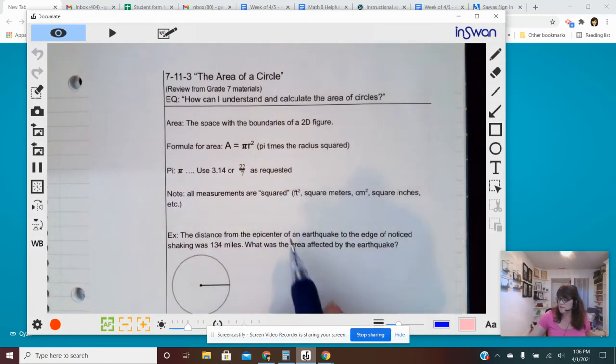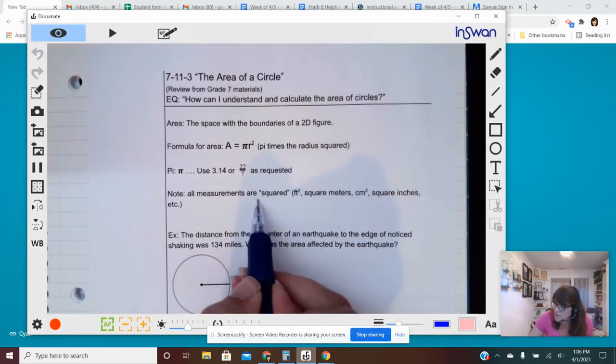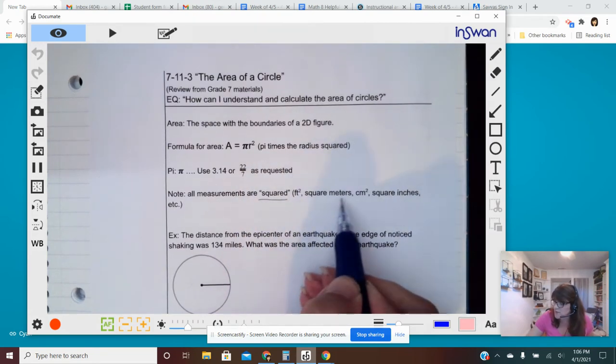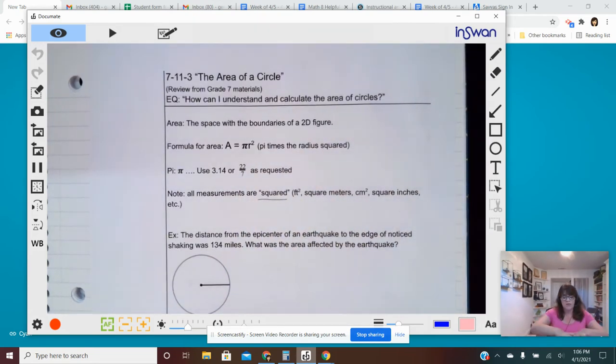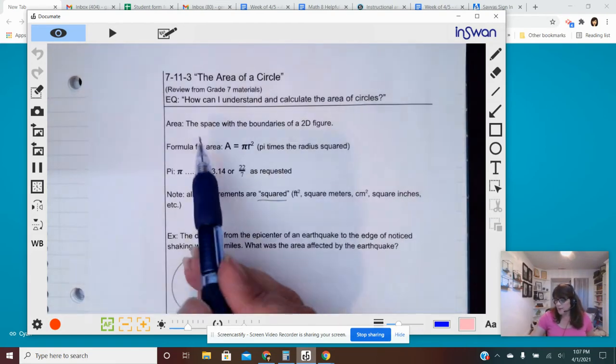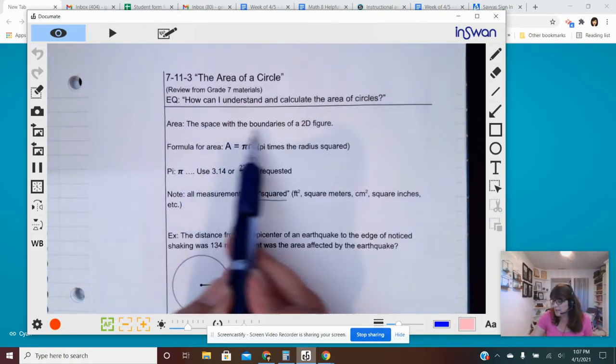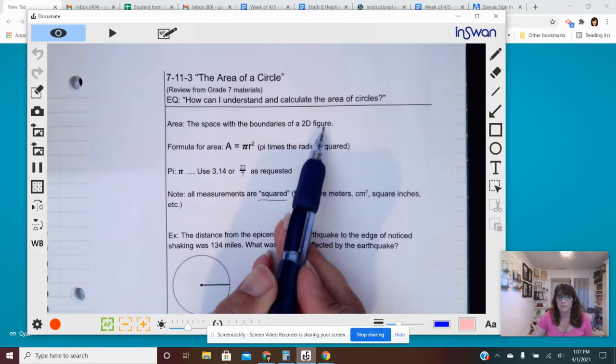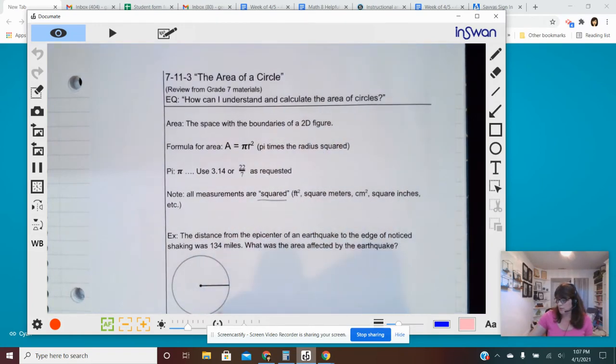Because of that, all measurements are going to be squared, square feet, square meters, because we're talking about an area that you could tile. If you imagine tile in your home, that's what it could look like. So area by definition is the space within the boundaries of a 2D figure. There's your circumference, and the area is all of the space within those boundaries.